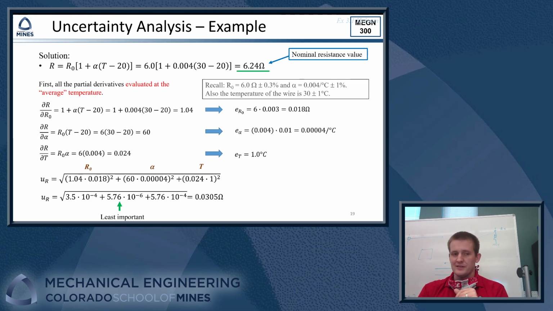So we're evaluating the partial derivative at the nominal values. We do the same thing for alpha and T, so that we get numbers associated with each of those. And now we have our partial derivatives calculated.